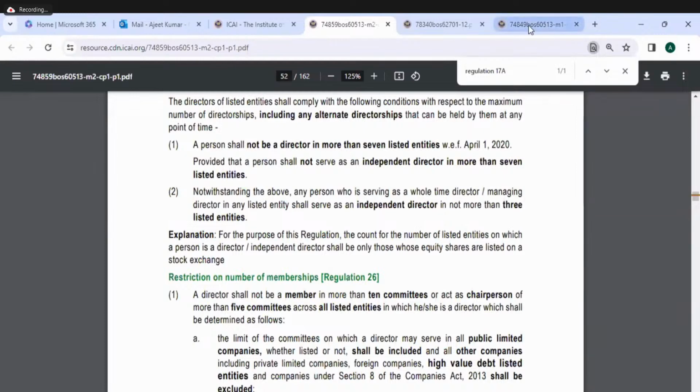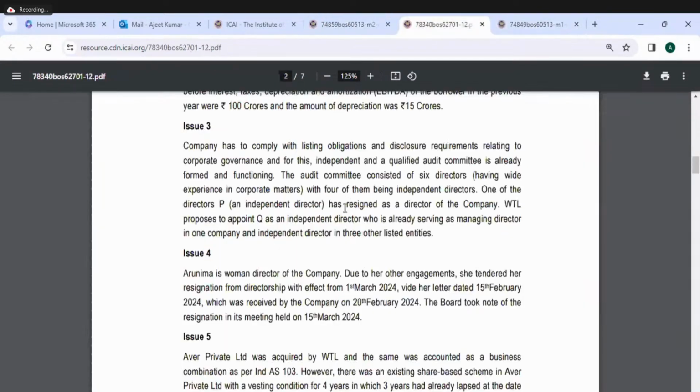Okay. So going back to our question. So this WTL, the person Q that they have appointed, though he is an independent director, it is not fulfilling the purpose for 2 major reasons. He or she is a managing director in one company, and is already an independent director in 3 other listed companies.